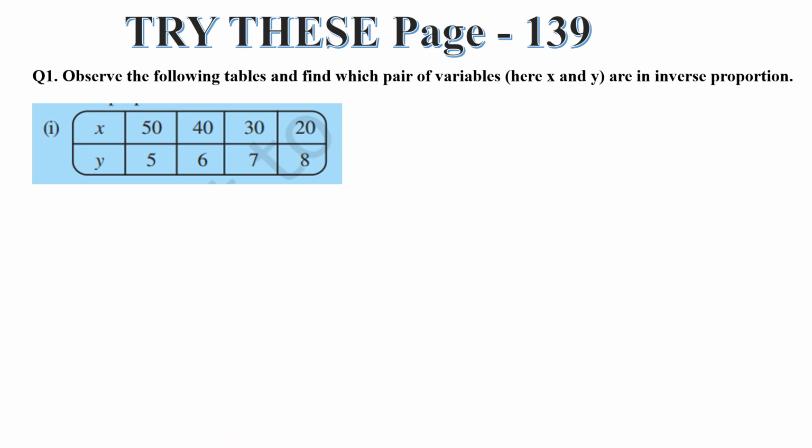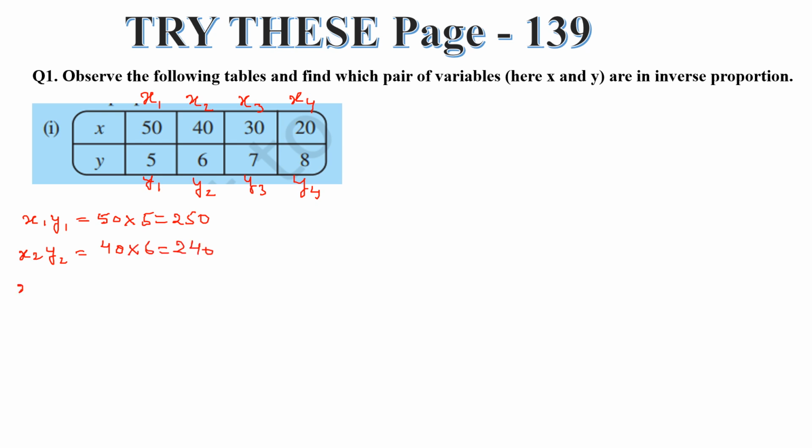So if I'm going to mark my 50 as this is x1, x2, x3, x4, and this is y1, y2, y3 and y4. Now let's find the product of it. So x1, y1, if you find it is 50 into 5, you are going to get 250. Now if you have to find x2 and y2, so it is 40 into 6, which is 240.